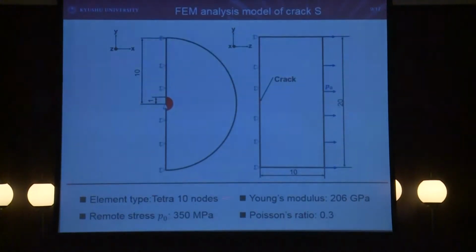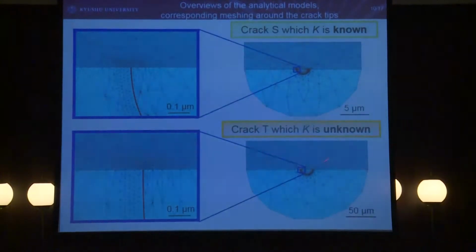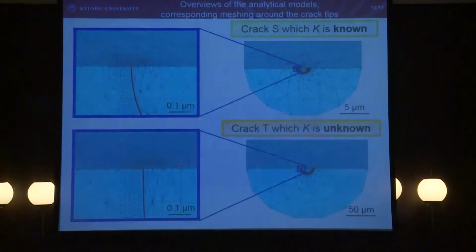And this schematic shows the FEM analysis model of crack S, for example. And the analytical conditions are as shown here. And these schematics show overviews of the analytical models and corresponding meshing around the crack tips.